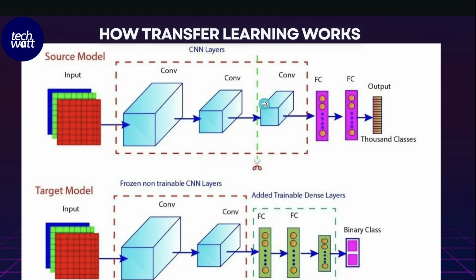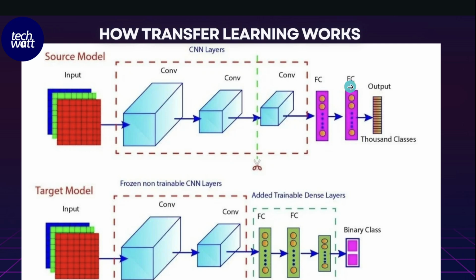So we have the source model, and all you are trying to do is to remove the prediction layer. Normally these dense layers are the layers responsible for predicting the outputs. So what you are trying to do is to detach this dense layer and attach your model to the end. And in that case, the model you are going to train will benefit automatically from all these layers in the source model.